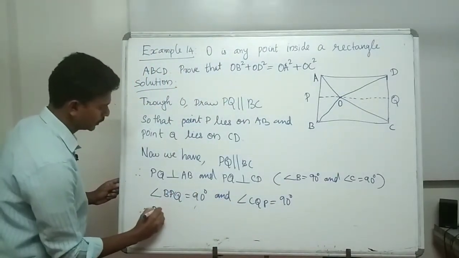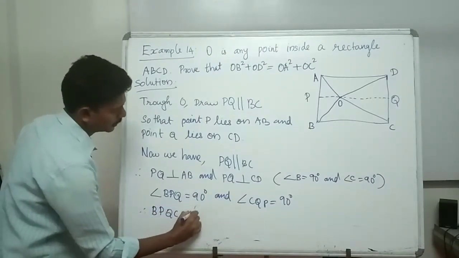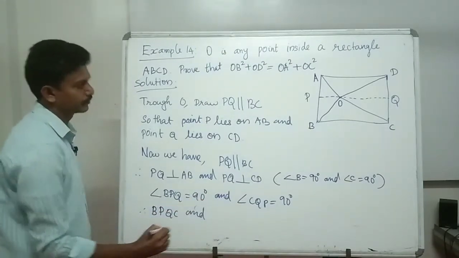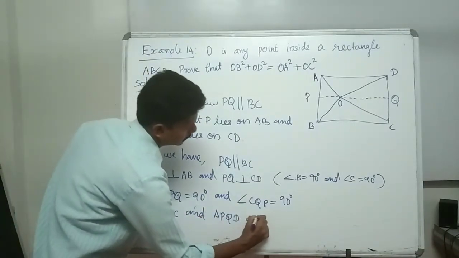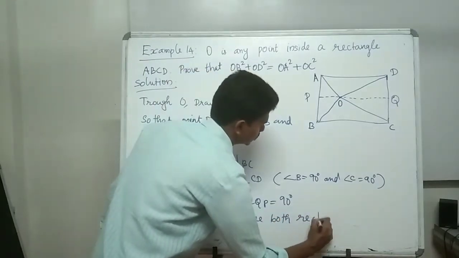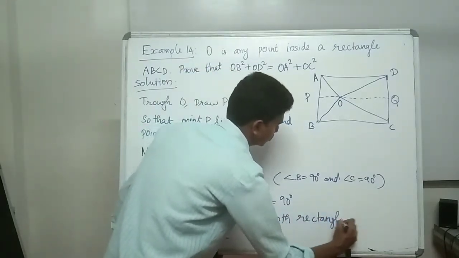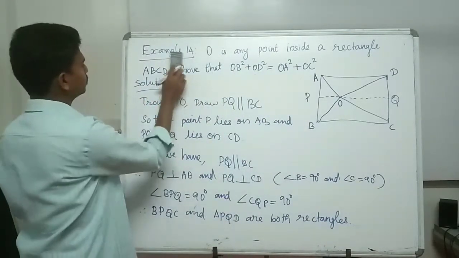Therefore BPQC and APQD are both rectangles.